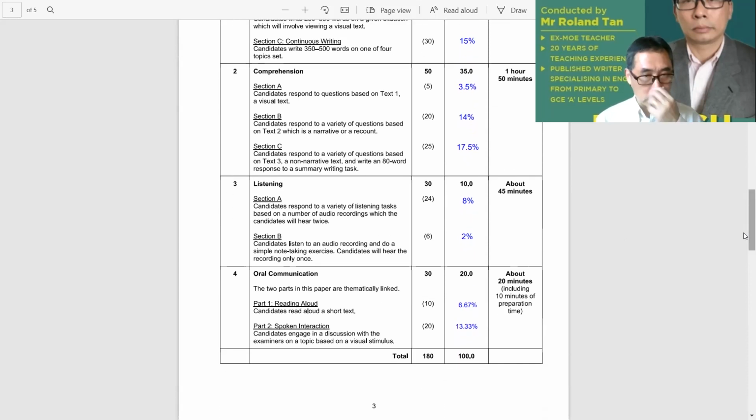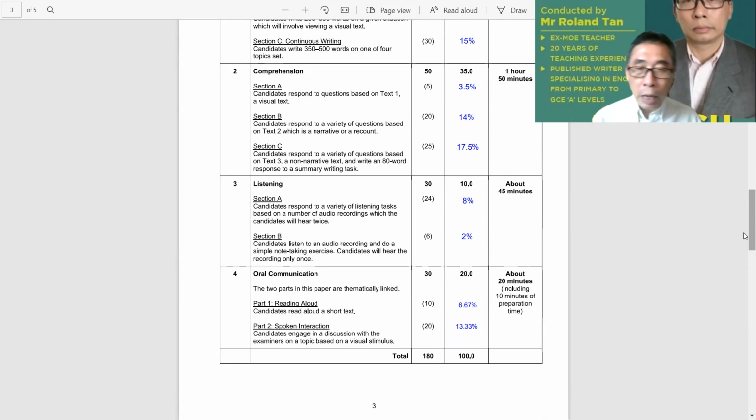Listening comprehension is made up of section A, 8%, and section B with the note-taking component, the balance 2%. So all in, LC will account for 10%. Paper 4, oral communication, is made up of 2 parts.